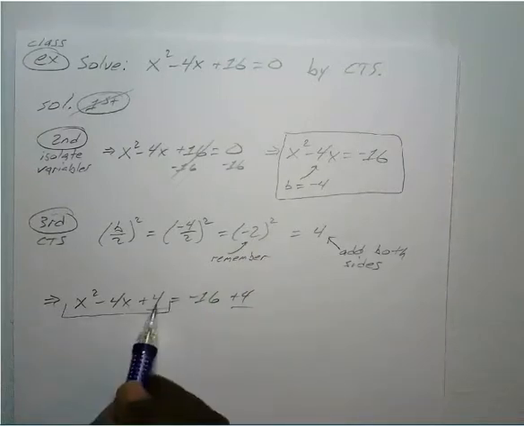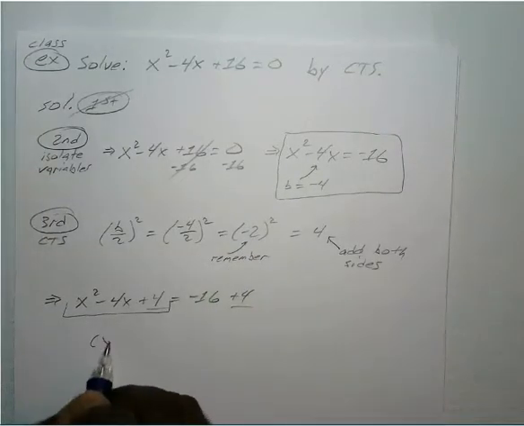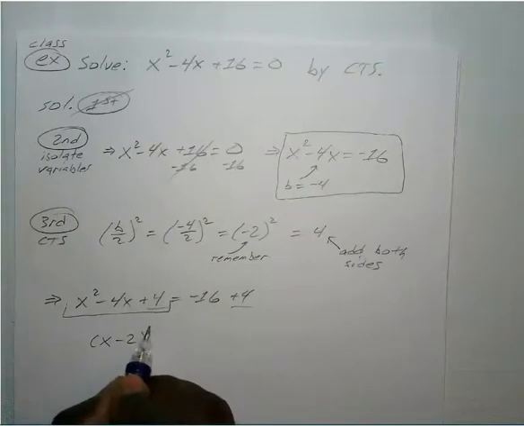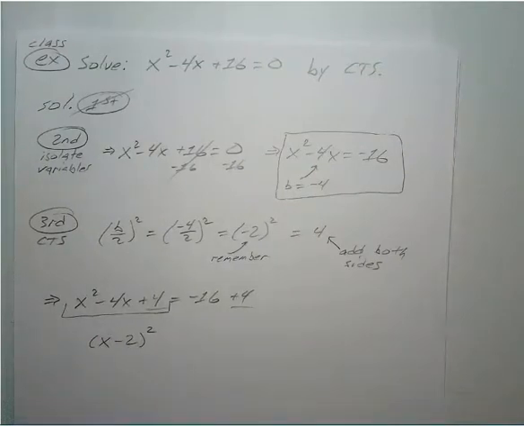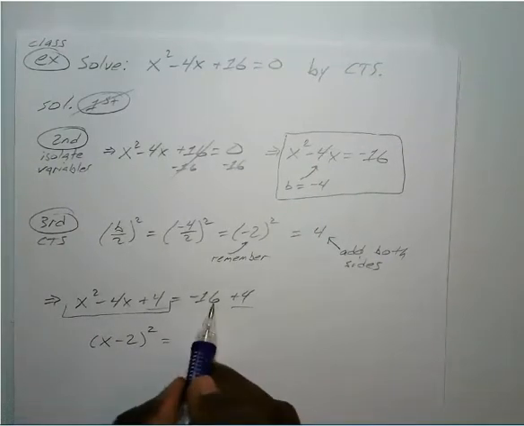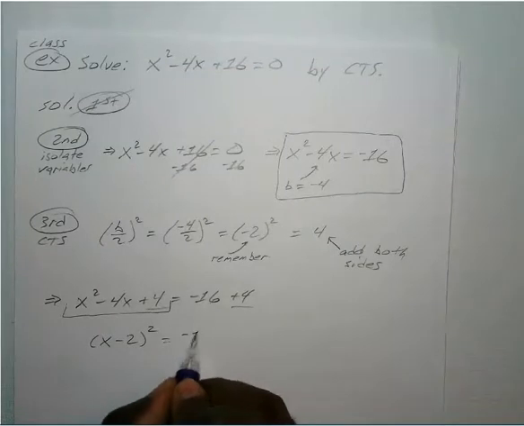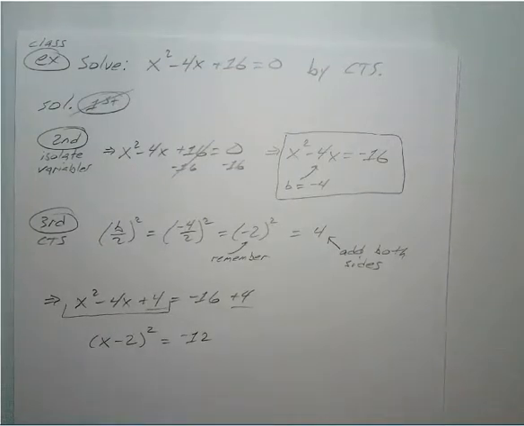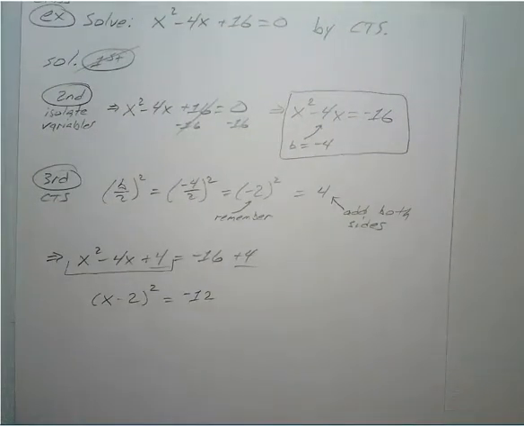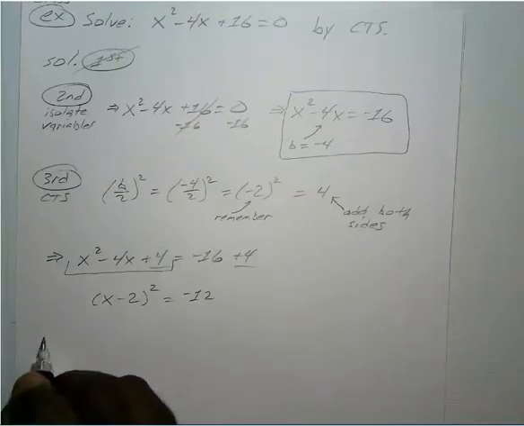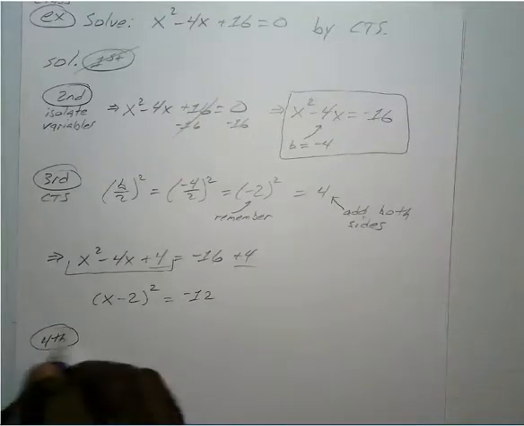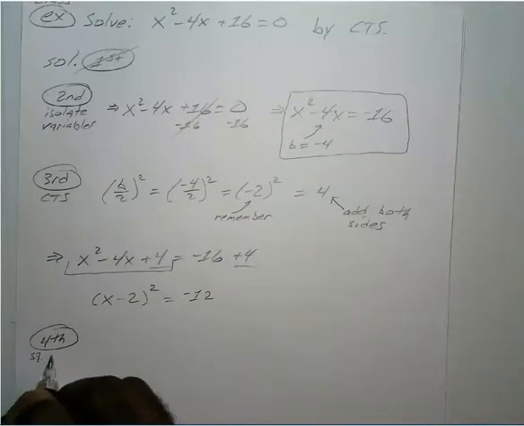So these three terms become x minus 2 squared equals negative 16 plus 4, which is negative 12. Alright, so now we go to our fourth step, which is the square root property.